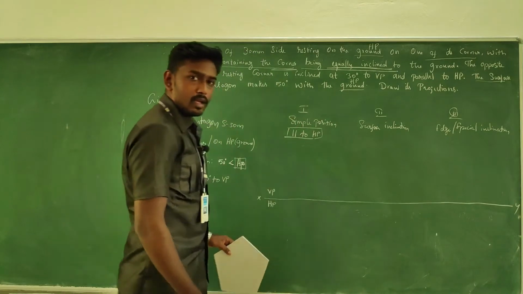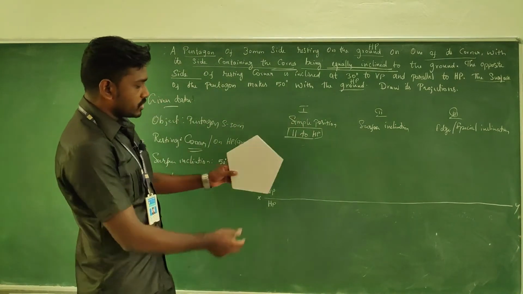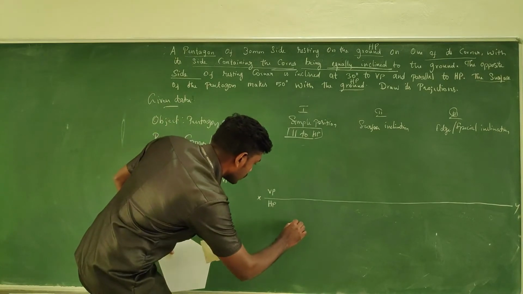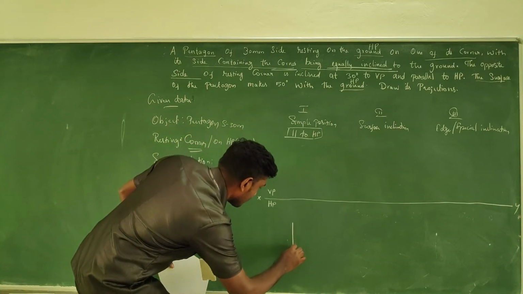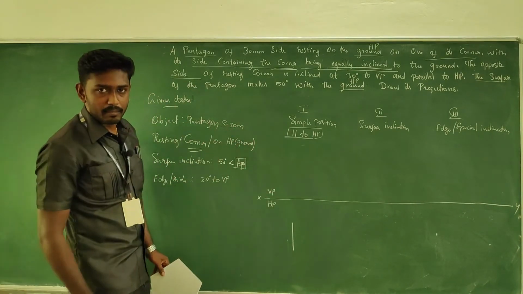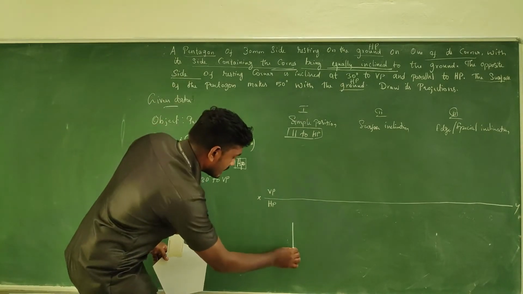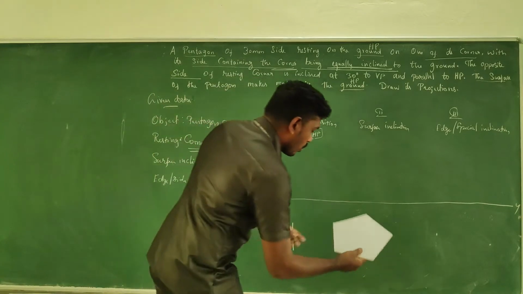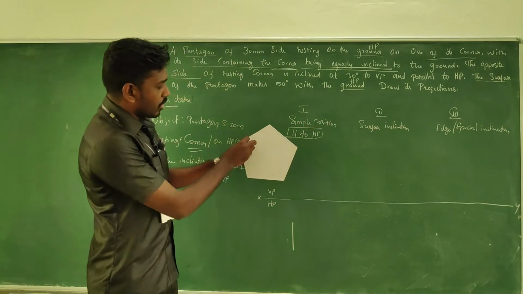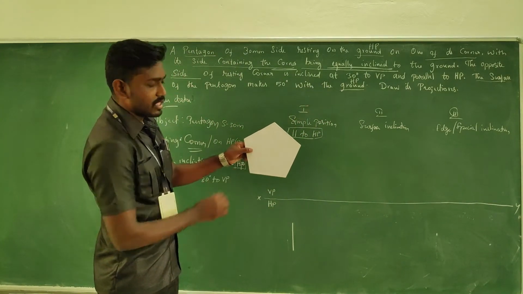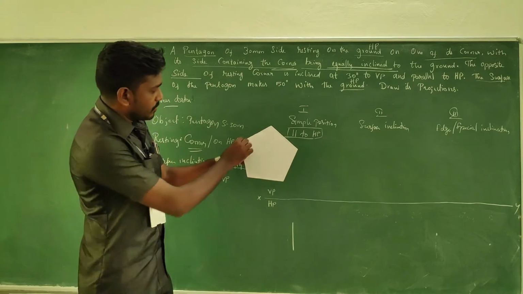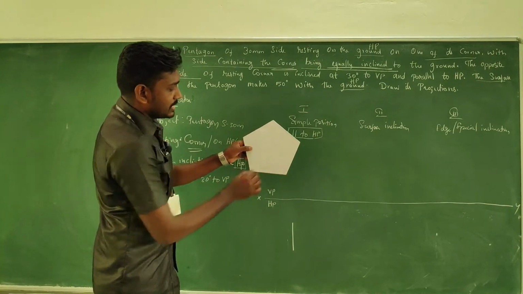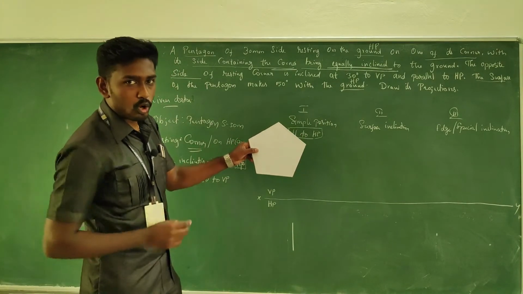Okay. We are going to construct the pentagon, something like this. So first take the vertical line with this side 30 mm. Take a line. And next, all the adjacent sides of the pentagon will be with 108 degree. All the internal angles of the adjacent sides will be 108 degree.